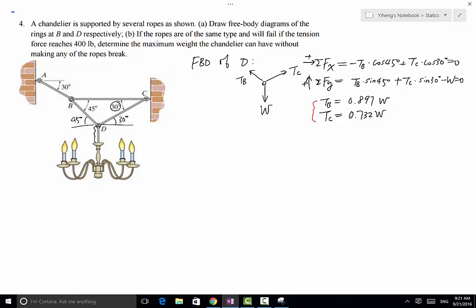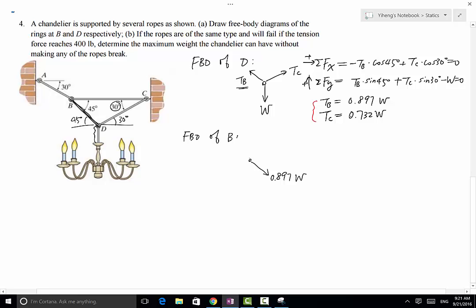and then solve for the other tension forces also as functions of W. Next, I draw a free body diagram of ring B. Because of action and reaction, inside this cable, the force TD is the same as TB, that's simply 0.897 W, the same as this one.